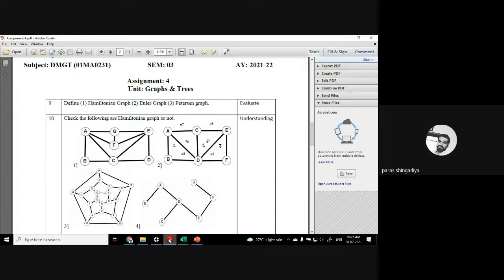Just check it again. Is it Hamiltonian? Yeah, only Raj has verified. What about the other students? Hiren, Isan, Janvi. What is your conclusion? Have you checked the third graph?